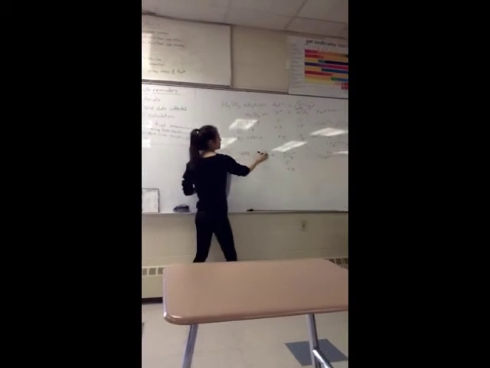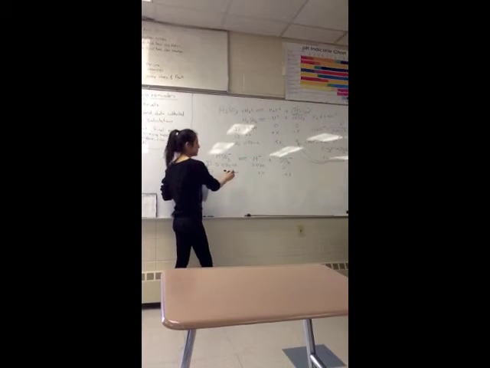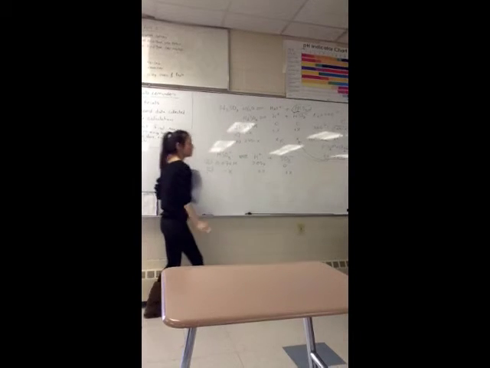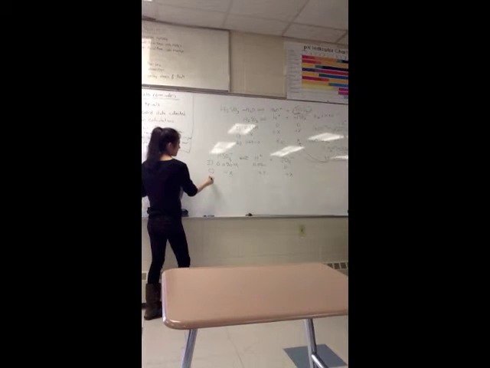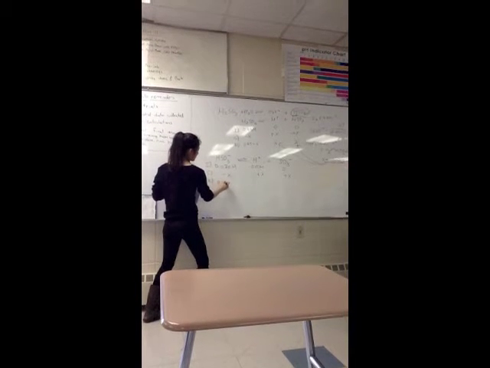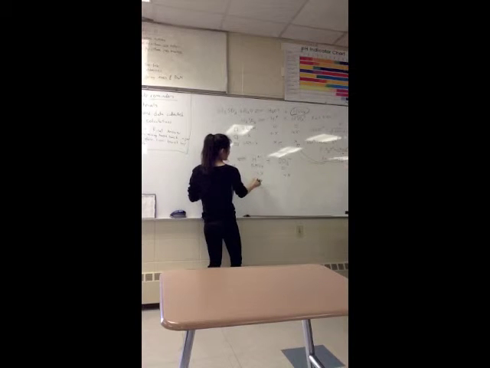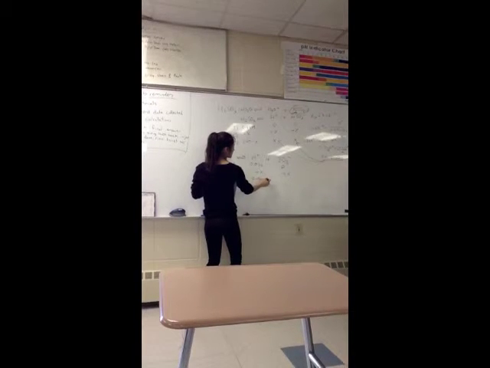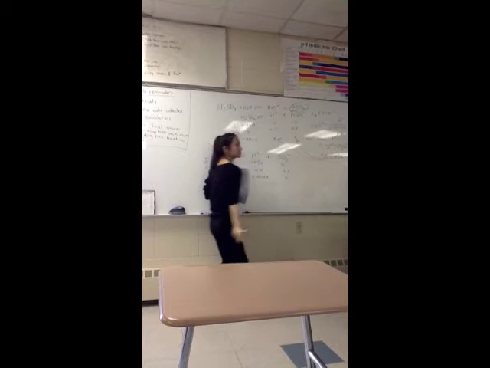Since it's a 1 to 1 to 1 ratio, we have the same amount of change all across. So my equilibrium is going to be 0.070 minus X, 0.070 plus X, and X.